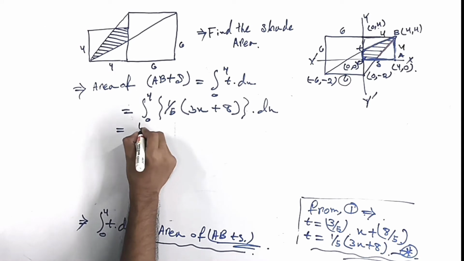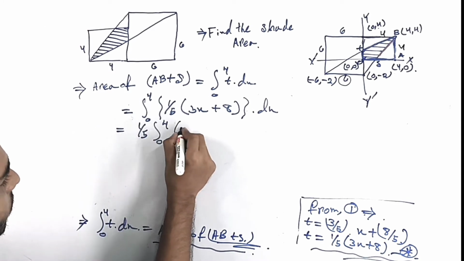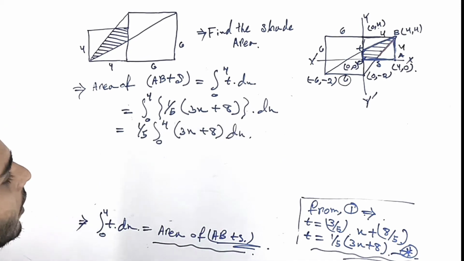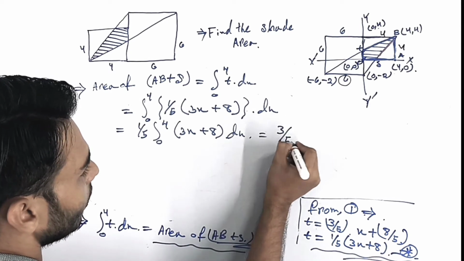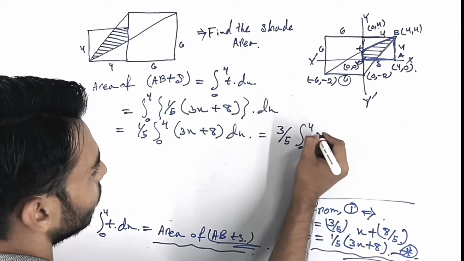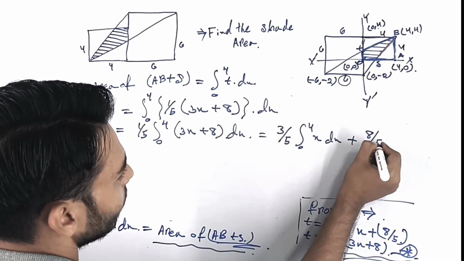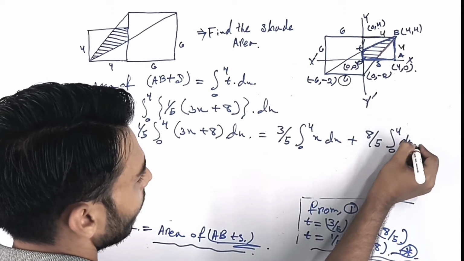So now integrating that, 1 by 5 times the integration of 0 to 4 of 3x plus 8 dx. That's equals to 3 by 5 of the integration of 0 to 4 of x dx plus 8 by 5 times the integration of 0 to 4 of dx.